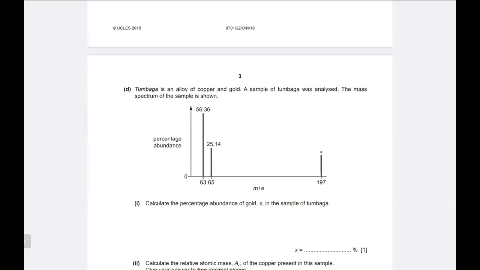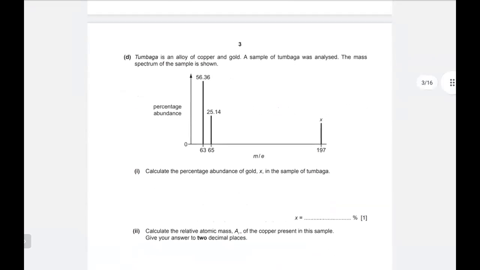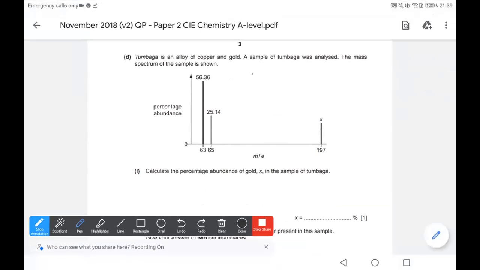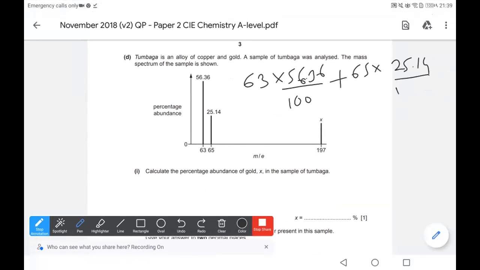If we knew it, we could write 63 into 56.36 over 100 plus 65 into 25.14 over 100, plus the other one, equal to the relative atomic mass, but they don't give any.